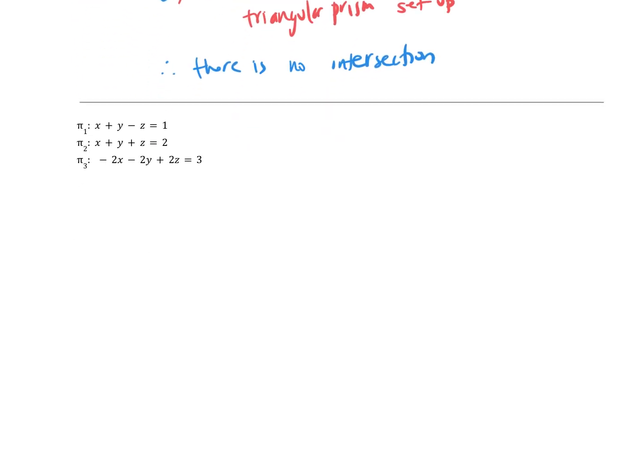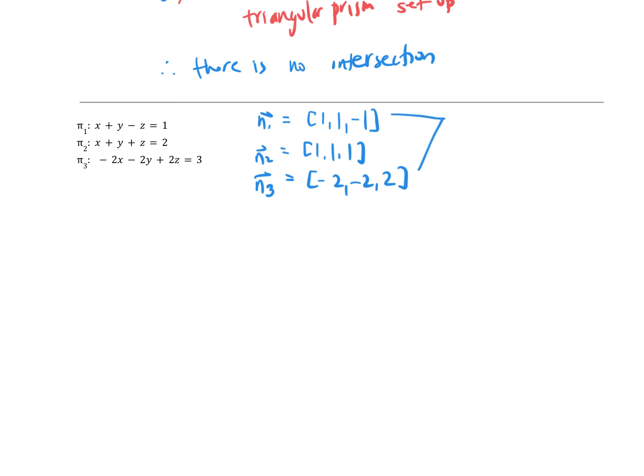All right, final example here. Let's look at our normals. 1, 1, negative 1, 1, 1, 1. So no connection there because of that sign that's messing everything up. And then negative 2, and positive 2. All right, so looking at this, the first normal and the third one, if I take the first normal and multiply it by negative 2, I'll get the third one.